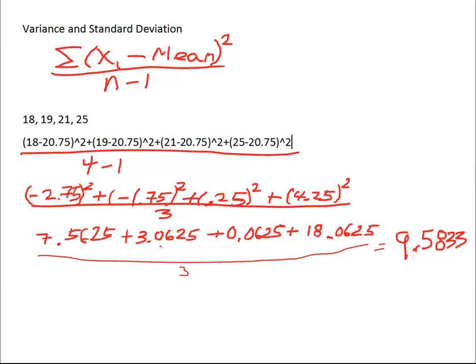So if I add them all up, and let me give you the numerator and the denominator, adding them all up, I got 28.75 divided by 3, and that is equal to 9.5833, and that's our sample variance.